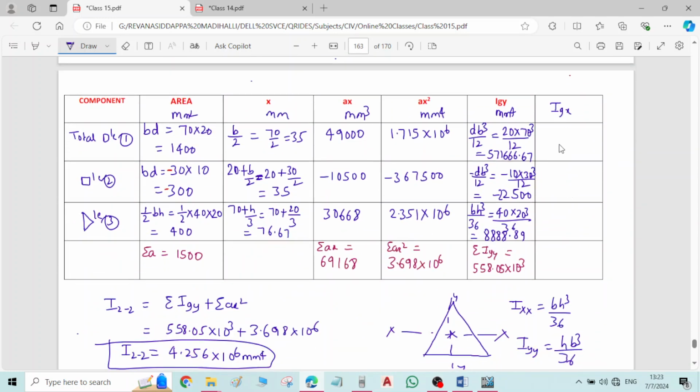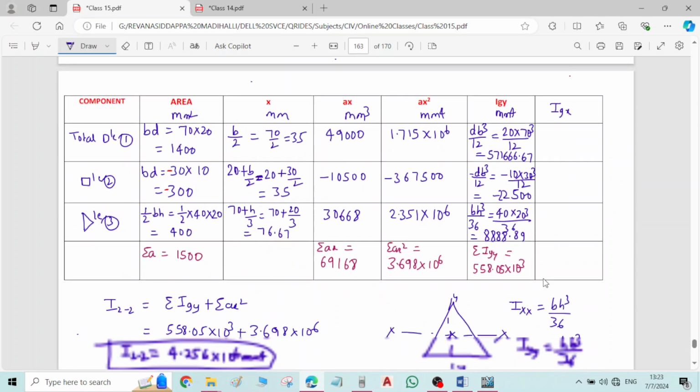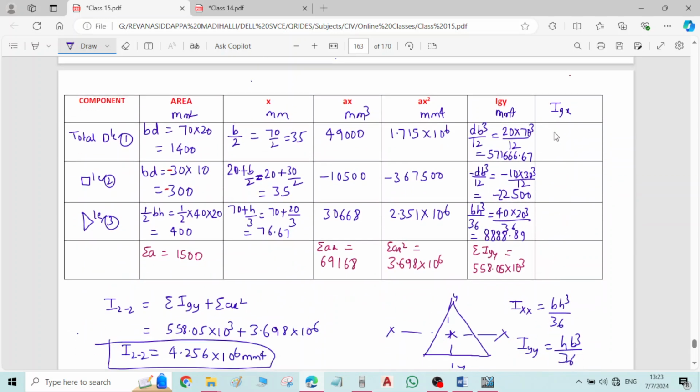Then you have to calculate IGX for individual component. You will get sigma IGX here. Here the formula will be BD cube by 12. If you calculate, you will get it as 46.67 into 10 power 3. Here the formula is minus DB cube by 12. If you substitute and calculate, you will get minus 2500.